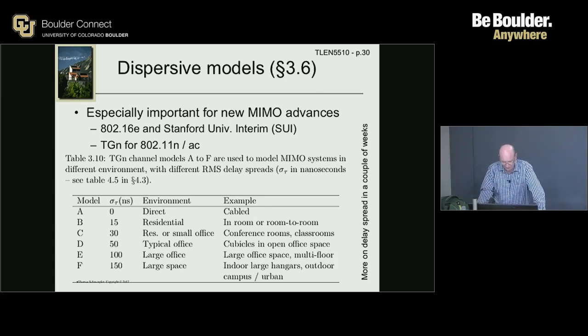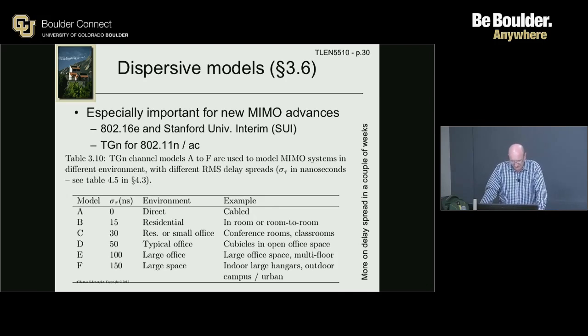Well, there is the root mean square delay spread. And it turns out that with different delay spreads, you can model several environments. It may not be enough, and we'll see why.